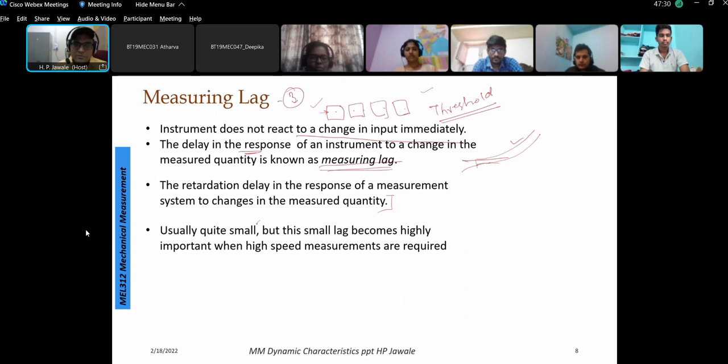So the measuring lag, there will be some lag that will be quite small, but it becomes highly important when high-speed measurements are required. So very quick measurements are to be taken, for example in process control. Say in the packaging industry or in pick and place applications, we have to handle something and the measurements are to be taken very precisely.